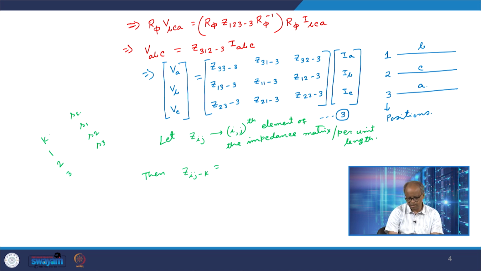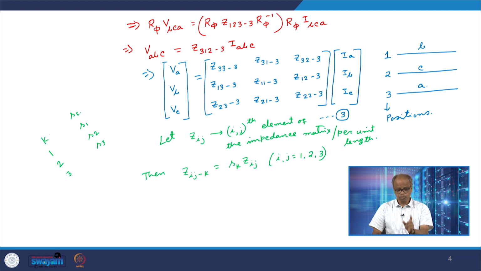So I can say that Zijk would be Sk into Zij, and i and j will take the values 1, 2 and 3, corresponding to position 1, position 2, position 3, and Sk is the length of the sections.